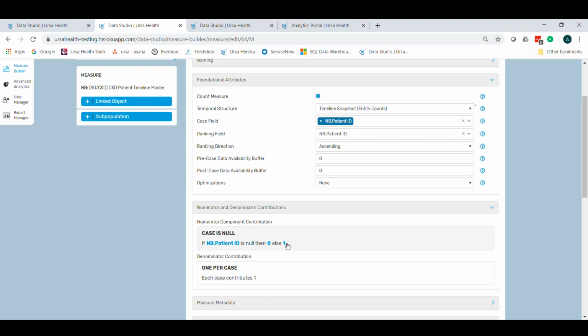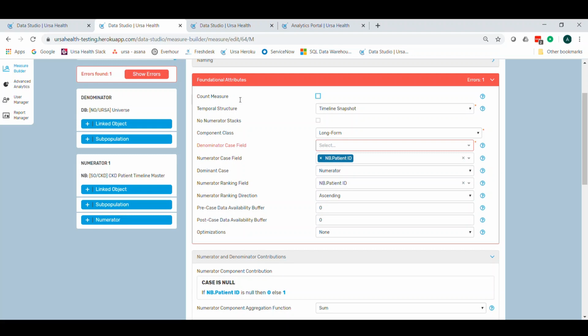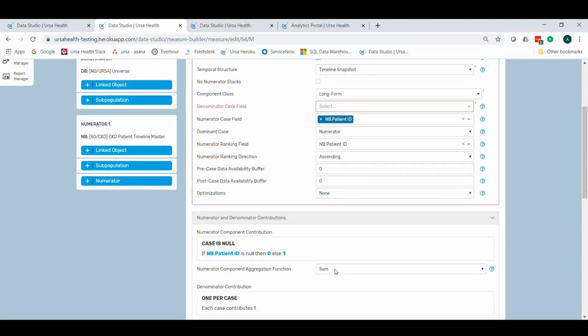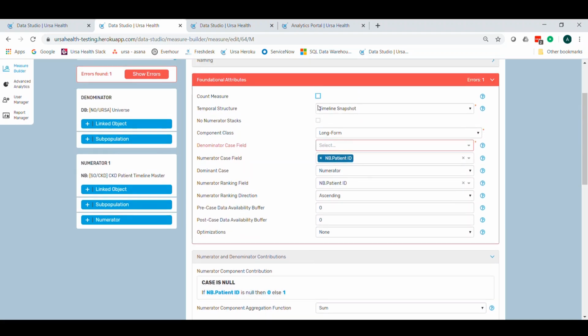But if you do find a non-null patient ID, that means you found a patient that meets the criteria as of that snapshot date. That generates a 1. Again, we're not seeing the aggregation function because that's being hidden when you select a count measure, but it's going to be a sum. You're summing up all the patients as of that snapshot date that meet the inclusion criteria.